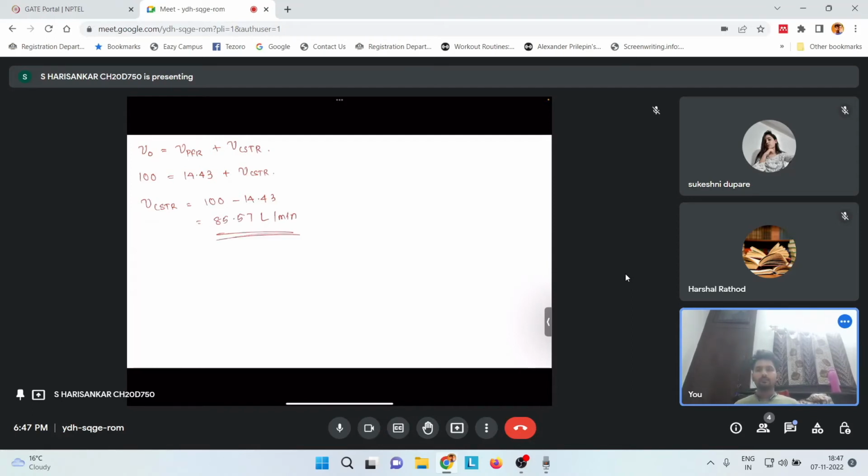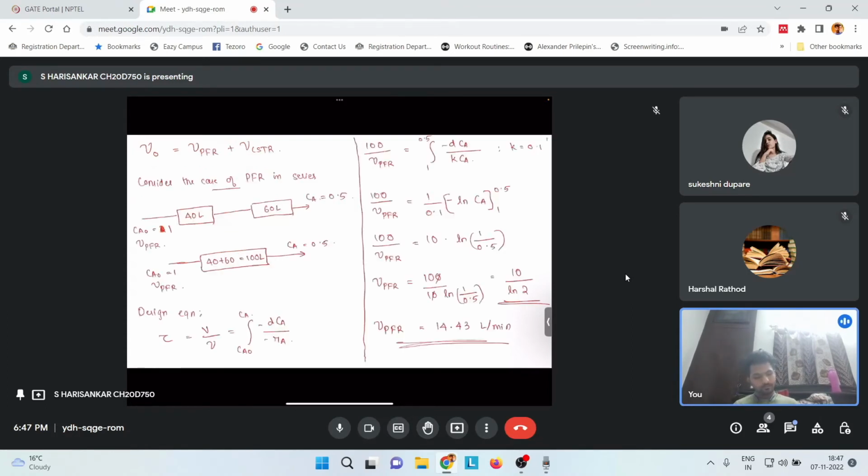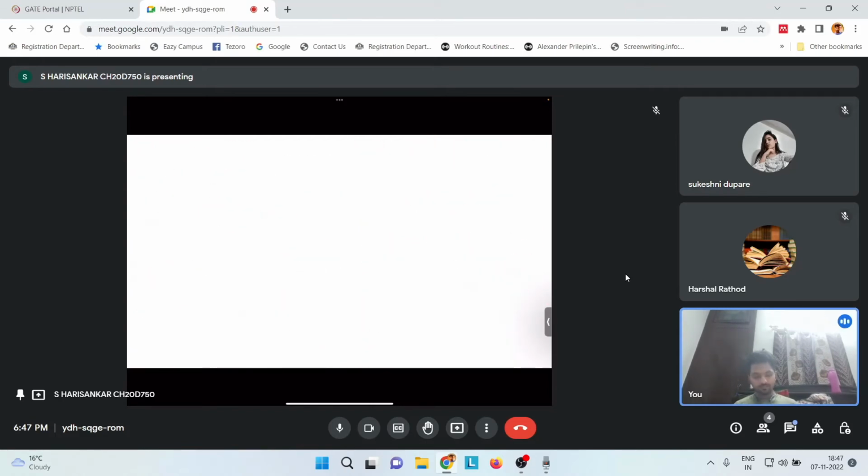Alright, now let us move on to the CSTR. What we need to find here is the volume of the CSTR, and for that we will directly use the design equation for CSTR.